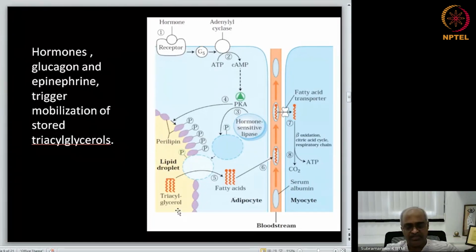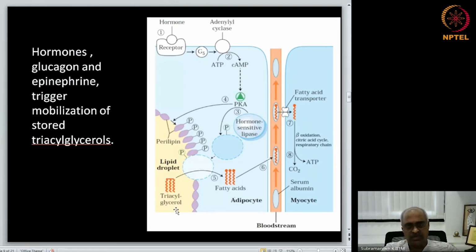This is how the lipid is stored in adipose tissues. Essentially it is triacylglycerol with one layer of phospholipid. Therefore, the surface is hydrophilic. And in addition to that, it has this protein perilipin, a very important protein, which is present on the surface of the lipid droplets.